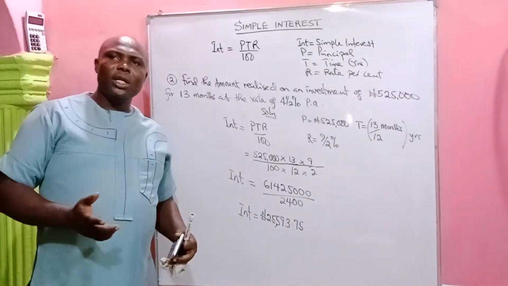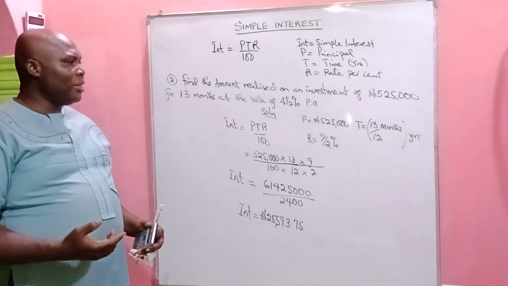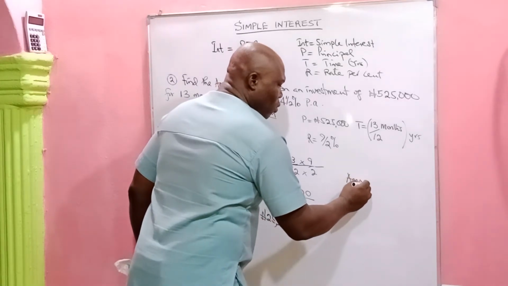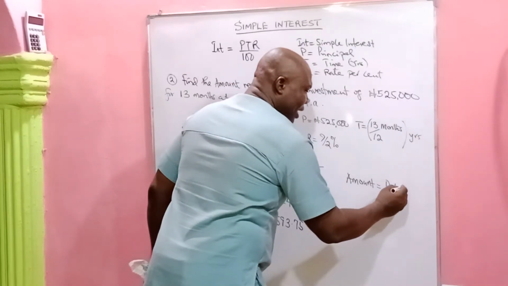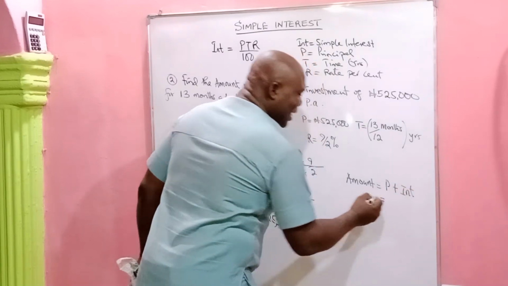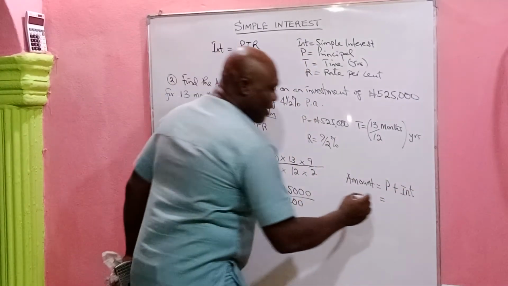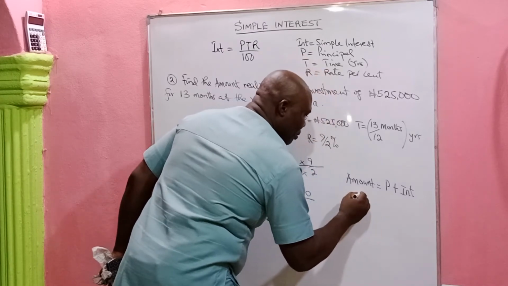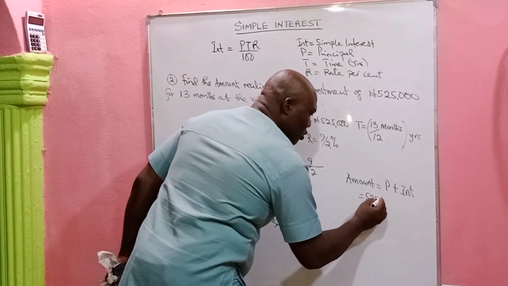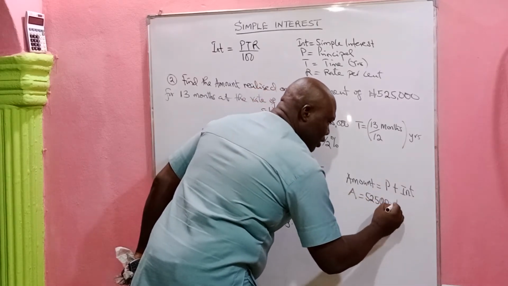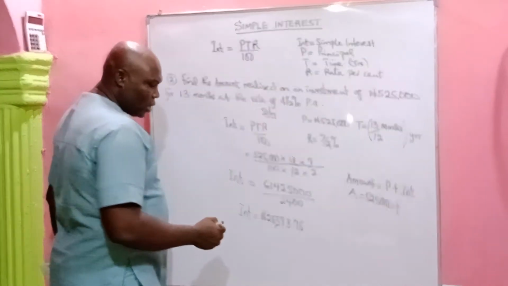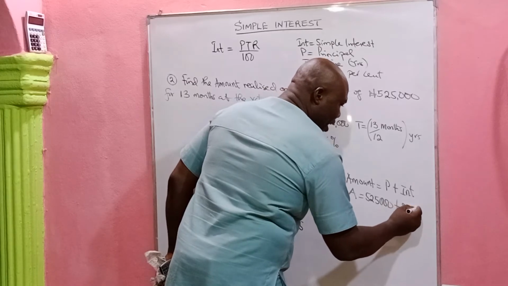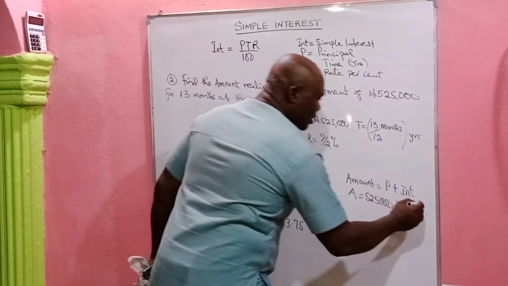Now, after getting the simple interest, we've been asked to find the amount at the end of the period. The amount is always equal to the principal added to the interest. The principal you started with is 525,000, plus the interest realized on that investment, 25,593.75.